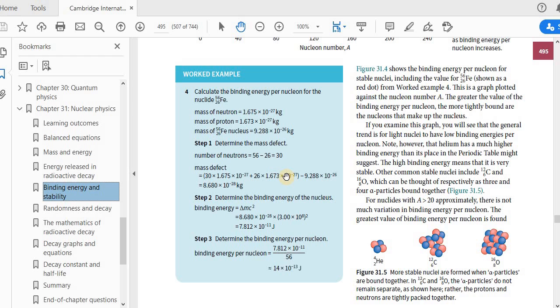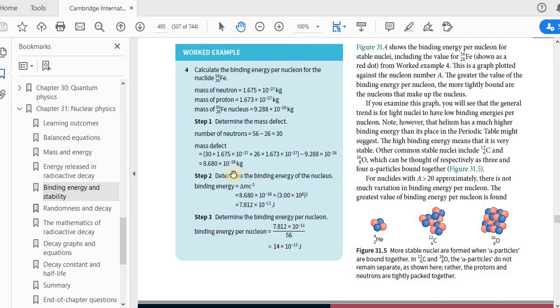And then to find the mass defect, we take the difference. Remember, if you consider them individually and add them together, that mass will be greater than the mass of the nucleus. So it will be this minus the mass of the nucleus. This is the mass defect. Once we have the mass defect, we can find the binding energy of the nucleus, and after that we divide it by the number of nucleons to find the binding energy per nucleon.